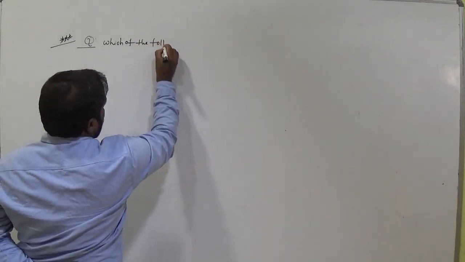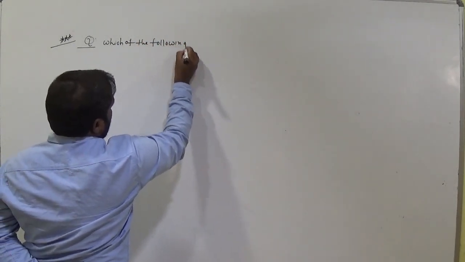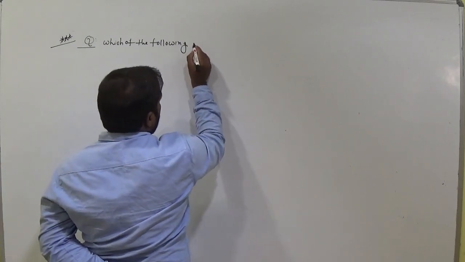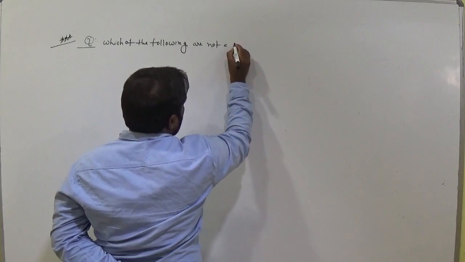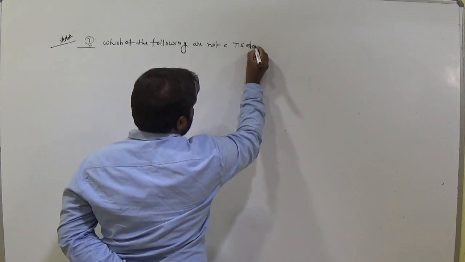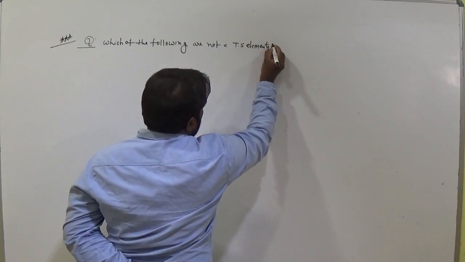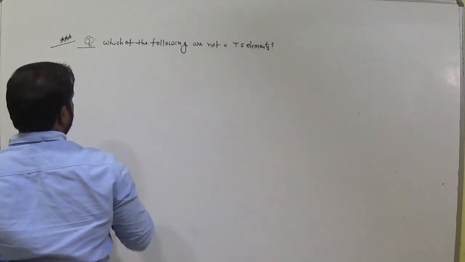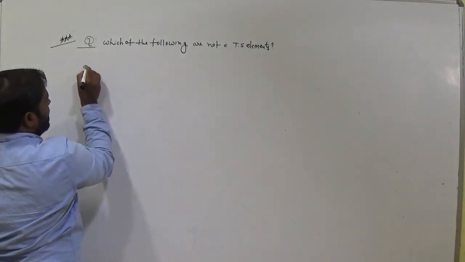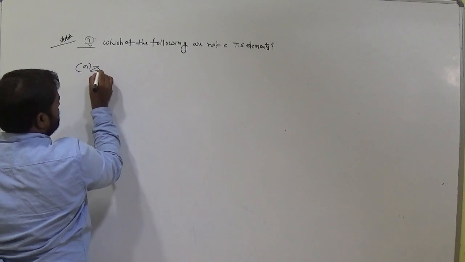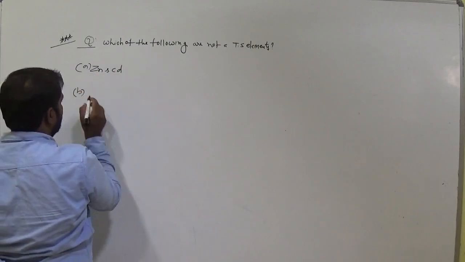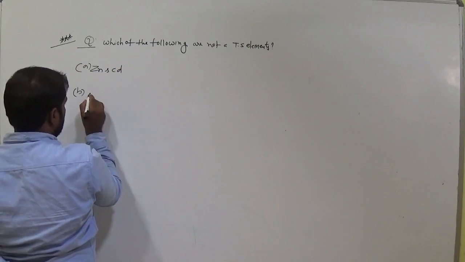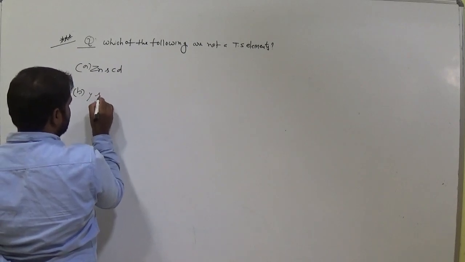Which of the following are not transition elements? Option A, zinc and cadmium. Option B, yttrium and scandium.